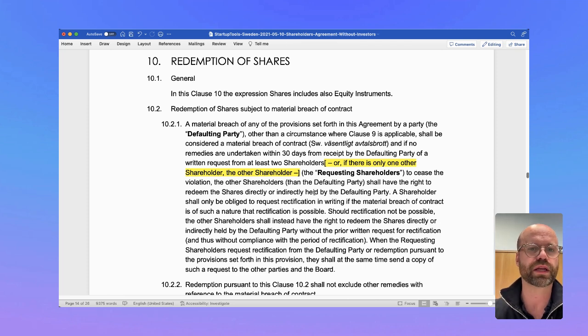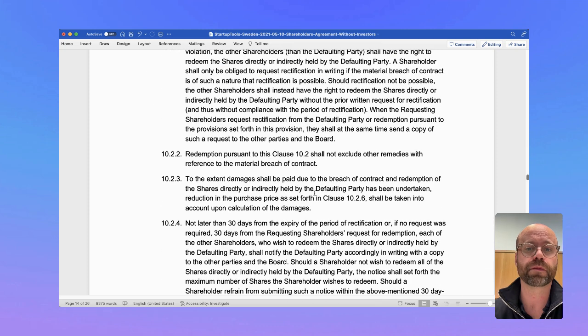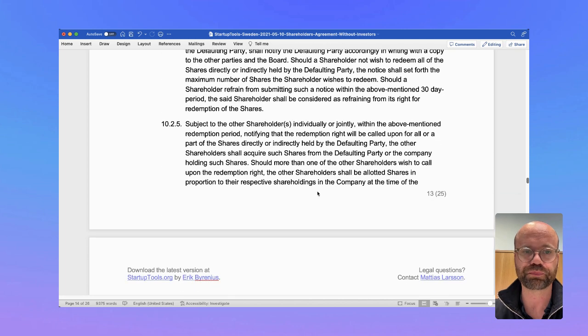There are clauses here stating how he or she will lose their shares. Sometimes there might be even a criminal or legal action taken against that person as well.